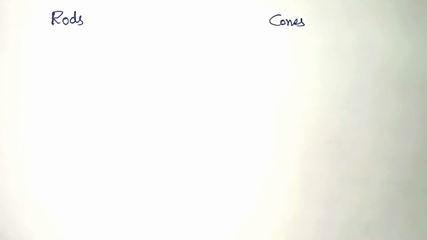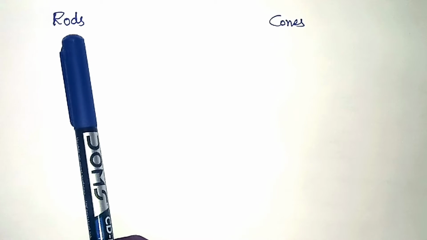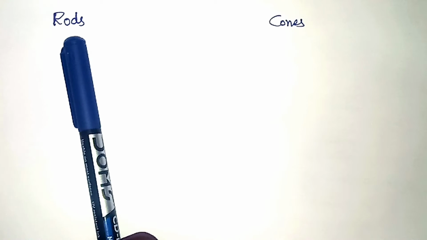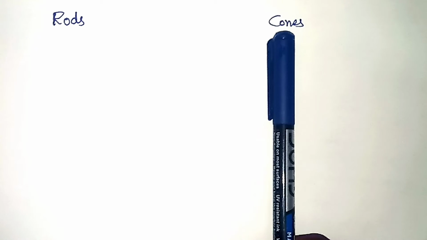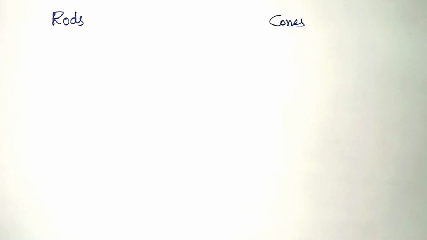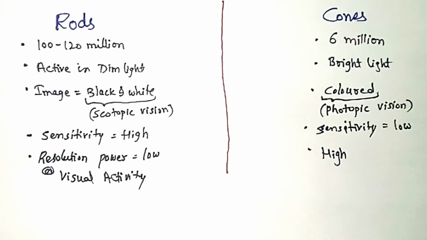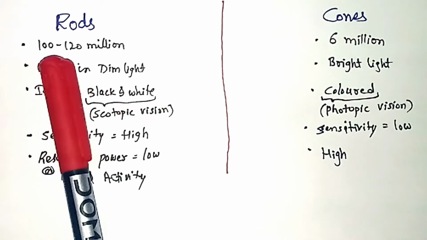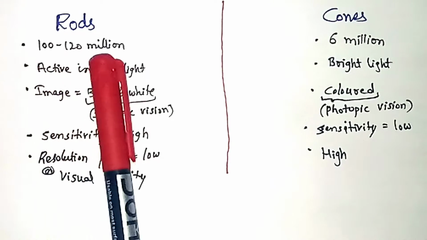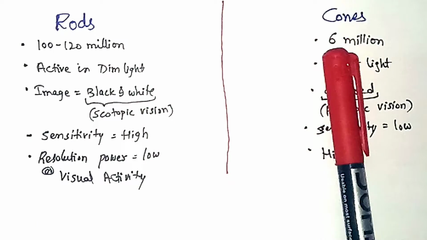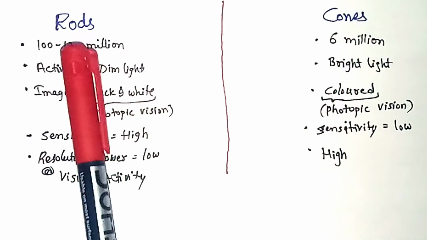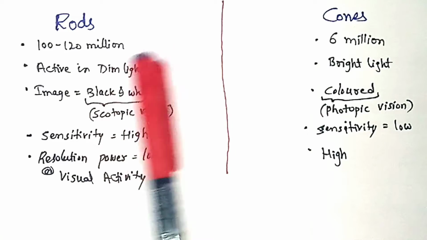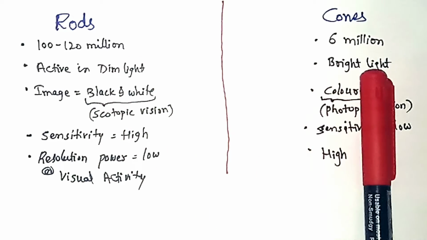Rods help us to see in the dark, and cones help us to see in the day, meaning bright light. The number of rods is 100 to 120 million, but cones are only 6 million. Rods are active in dim light, and cones are active in bright light.